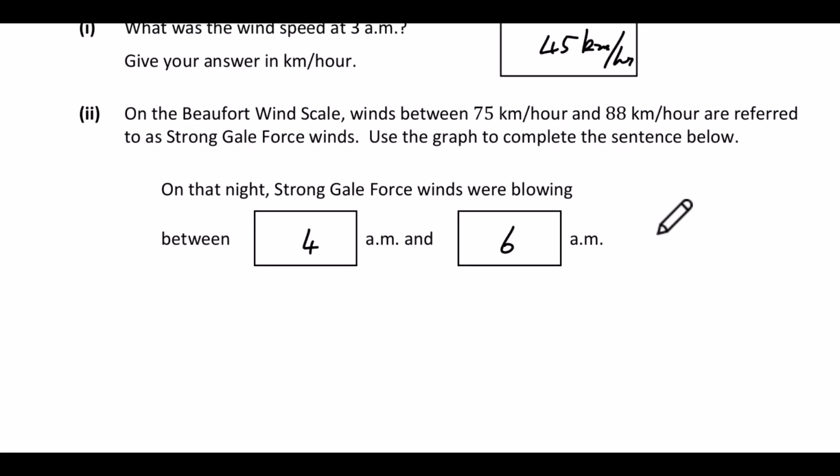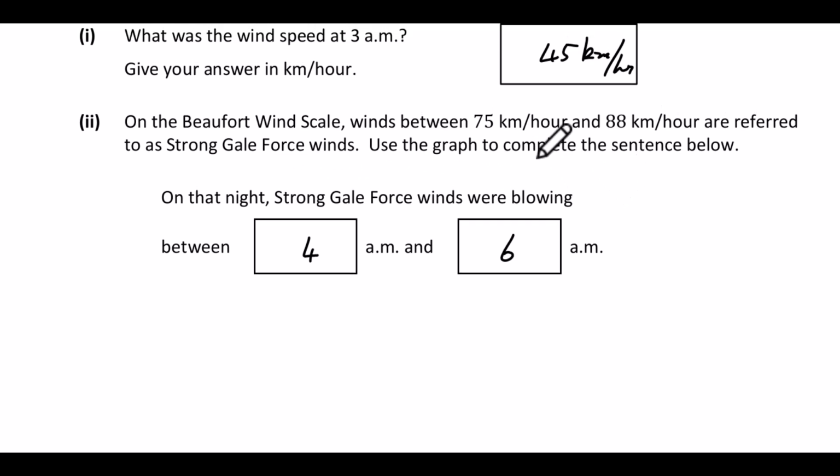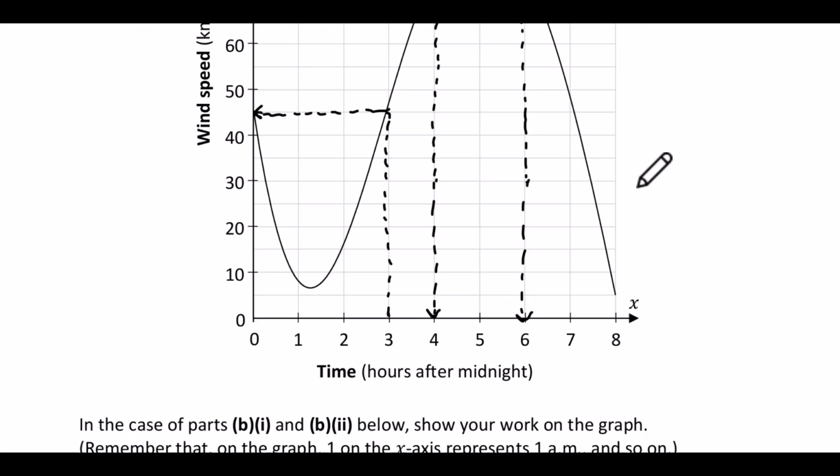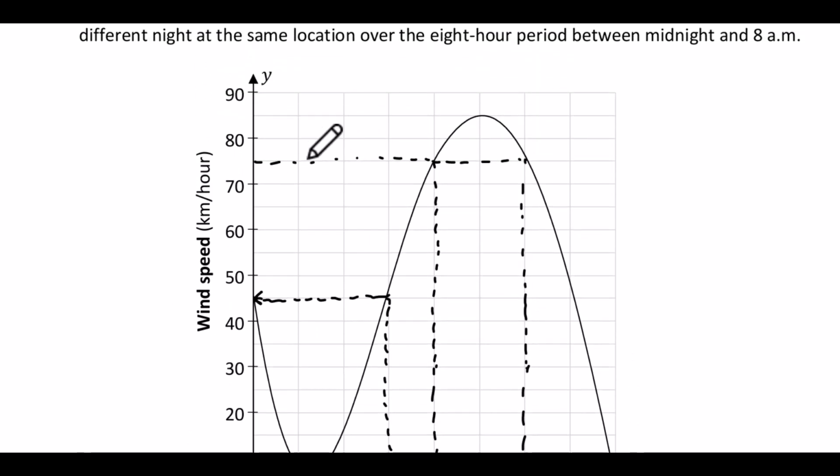On the Beaufort wind scale, winds between 75 kilometers per hour and 88 kilometers per hour are referred to as strong gale force winds. Use the graph to complete the sentence below. On that night, strong gale force winds were blowing between what time and what time? So we need to read off 75 and 88 kilometers per hour. Well, 75 is here, 88 is up here.